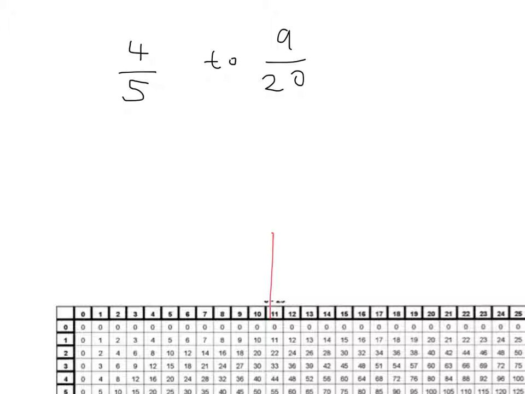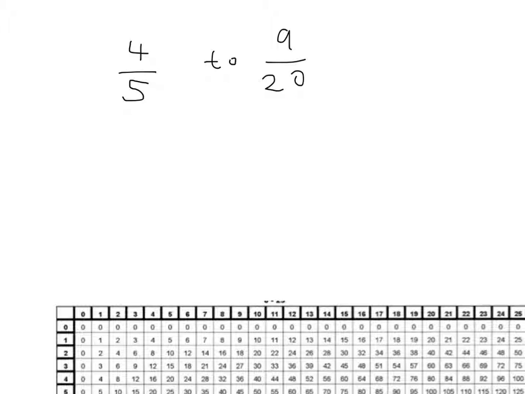The reason we do that is because it's a lot easier to simplify when we have the lowest common multiple as a denominator. So instead of multiplying 5 by 20, let's look at the multiples of 5 and the multiples of 20 and circle the first multiple that they both share.